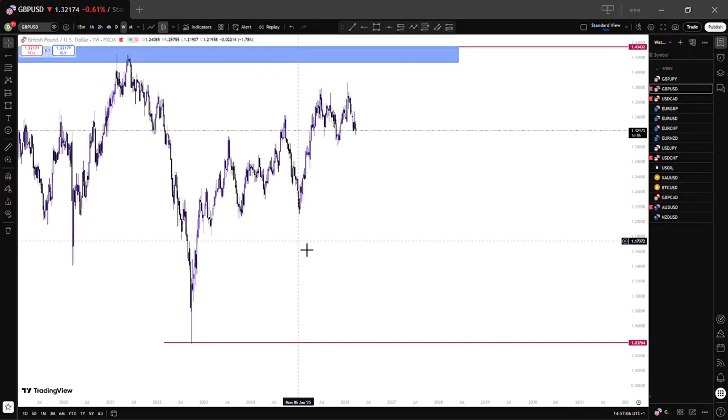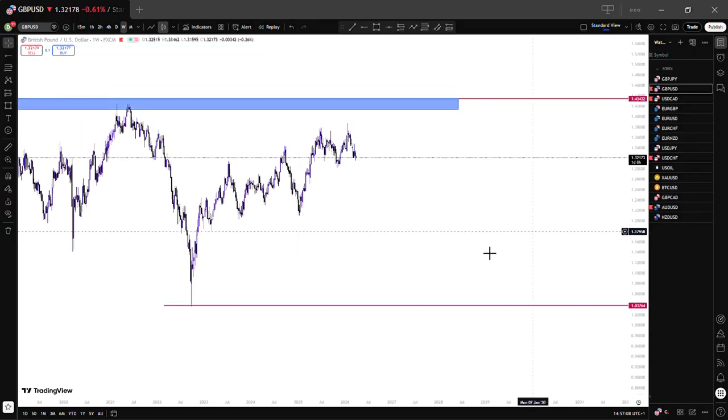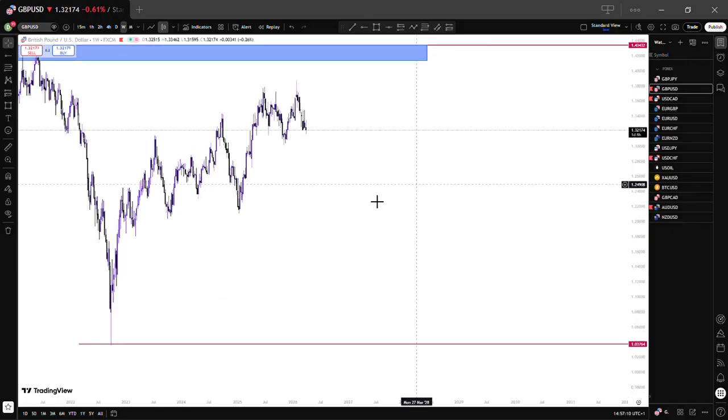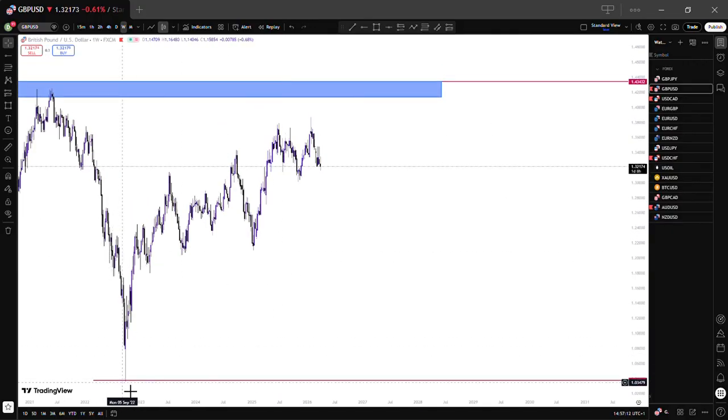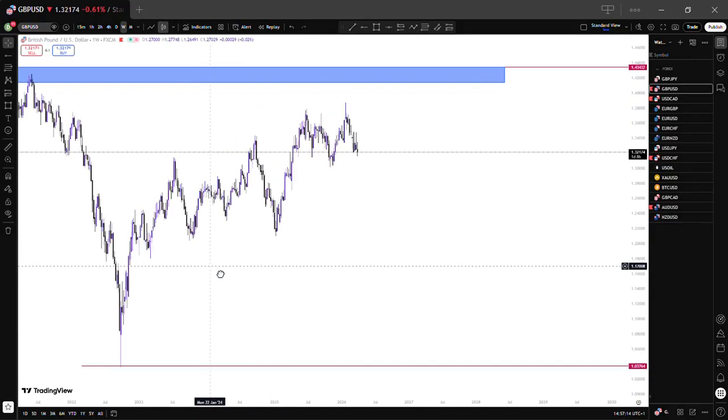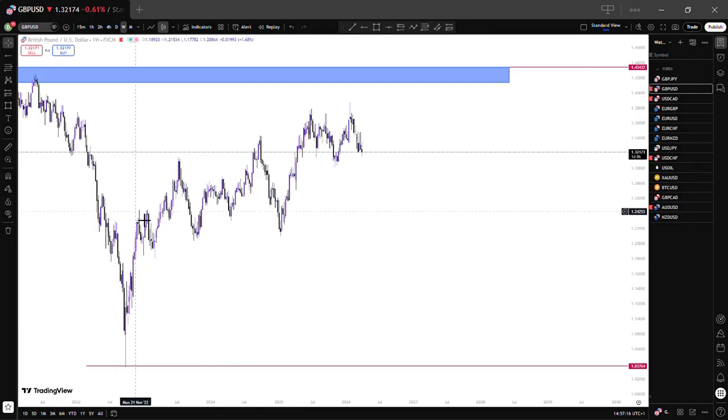But on the weekly time frame right now, we are currently on an uptrend because remember, this is the low we identified on the monthly, and since that low, all we've been having has been higher highs that broke this high, that broke this last previous high here.